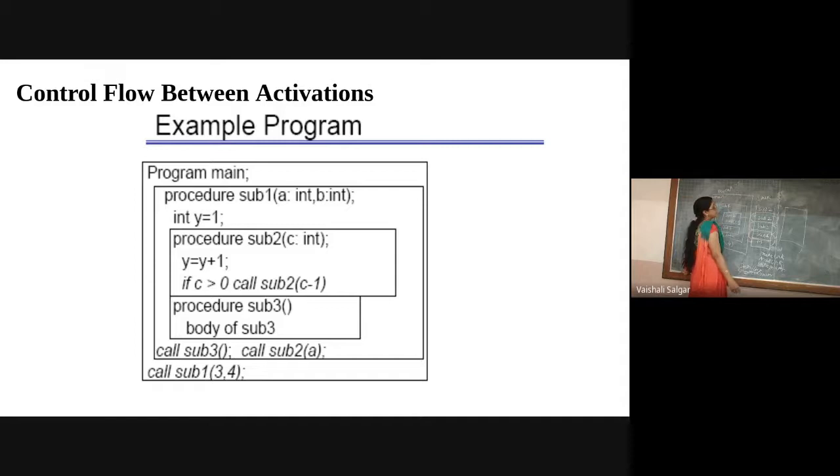Because there is a separate activation record for each call of this procedure, a separate activation record will be allocated, as I already mentioned. So who is the caller of this sub2 with C minus 1?